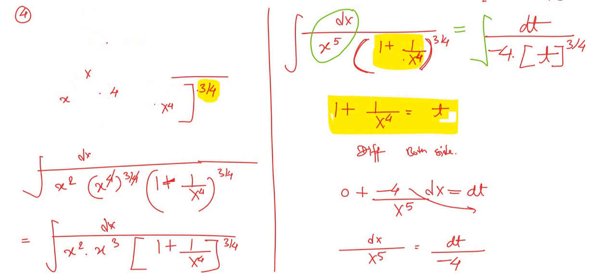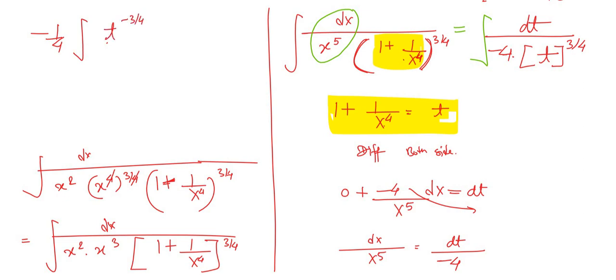Let me integrate it here. -1/4, this is integration of t raised to power -3/4 dt. And what is the formula? -3/4 plus 1. Okay, this is the basic formula plus c.